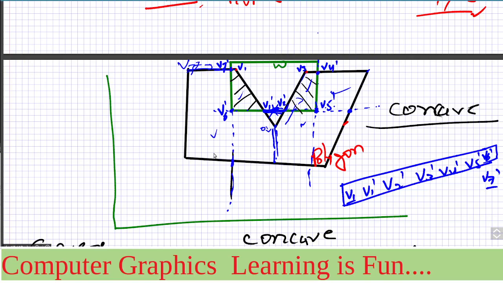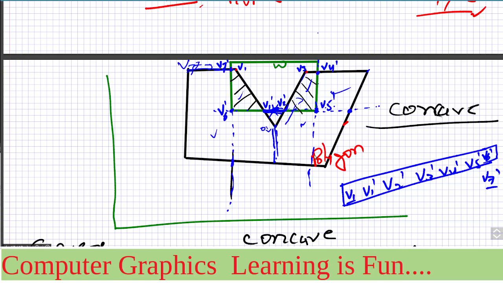Also, another possibility can be moving through the polygon lines and noticing that we are going inside the boundary, we are coming outside the boundary, we are again going inside the boundary. So if such a thing happens, that you are coming outside and inside, in such cases the line should not be drawn.